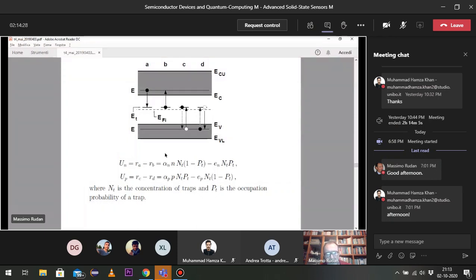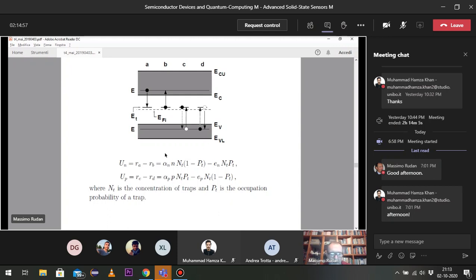This coefficient is called the transition coefficient. Its units are those of a volume divided by a time, and this transition coefficient alpha sub n describes the physics of the interaction between the electron and the trap, okay?